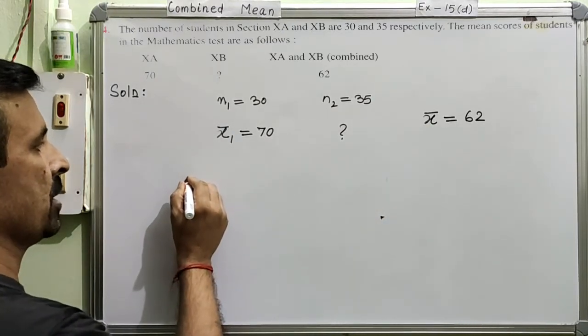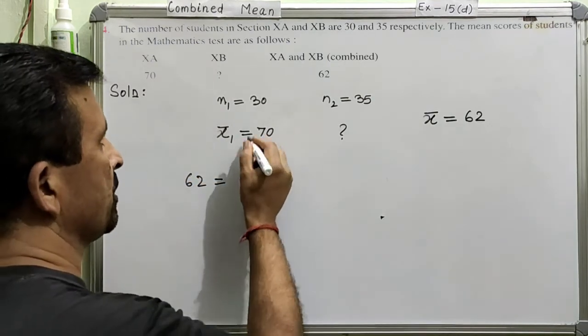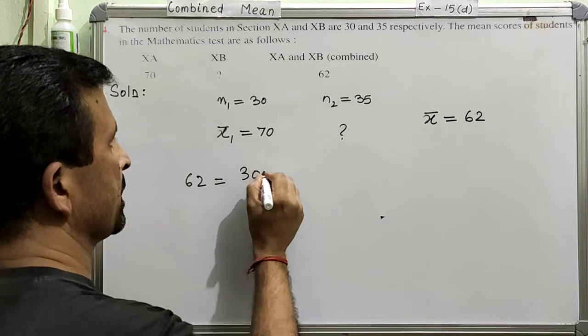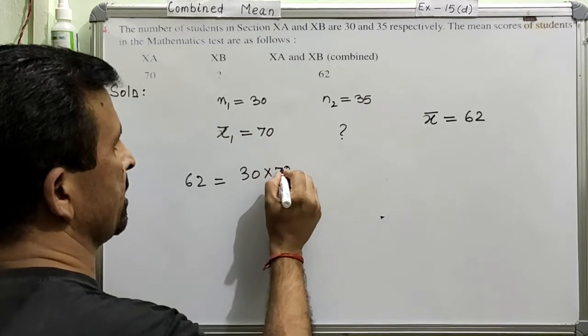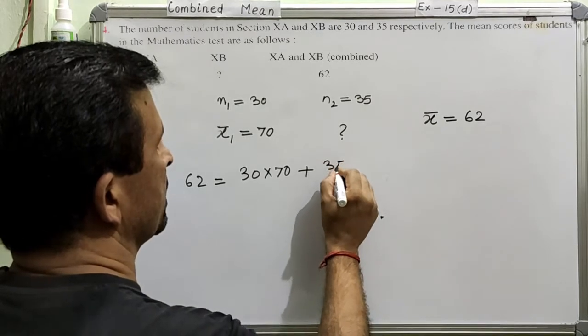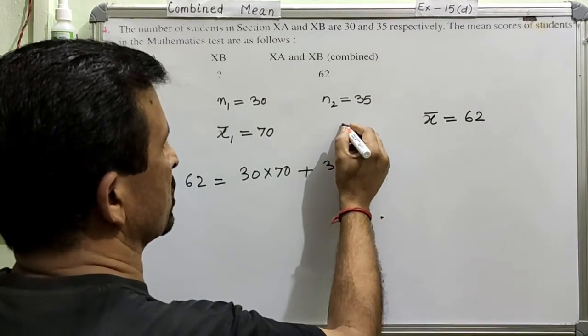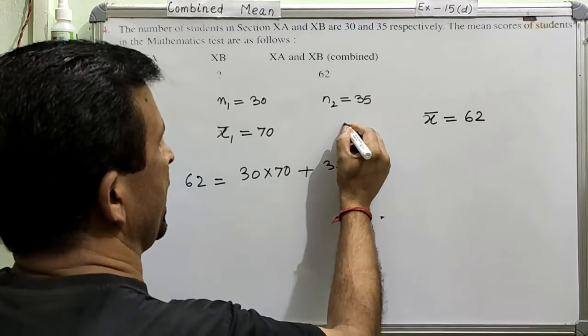The formula may be this, okay, 62. 62 is equal to, you know the formula now, so 30 into 70 plus 35 into, this is missing, right? So can we assume this as equal to something, say a, right?